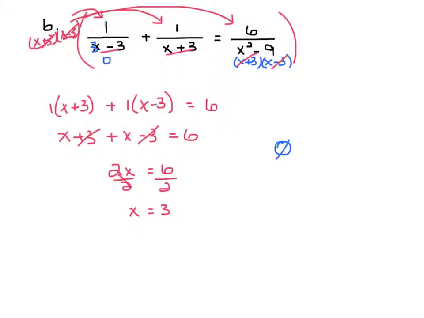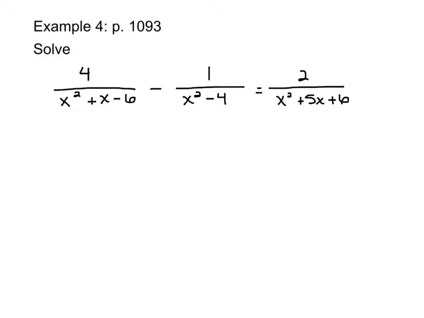Okay, for example 4, I'm going to start off by factoring all of my denominators so that I'm able to find an LCD. Okay, so my denominators are x minus 2 times x plus 3, x plus 2 times x minus 2, x plus 2 times x plus 3. So I'm going to find my LCD. So I'm going to look for what they have in common.